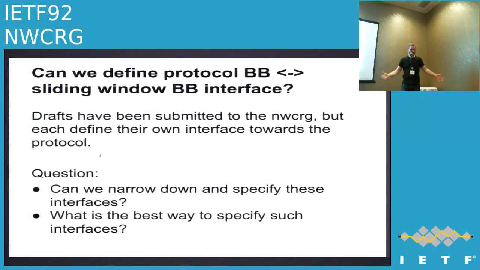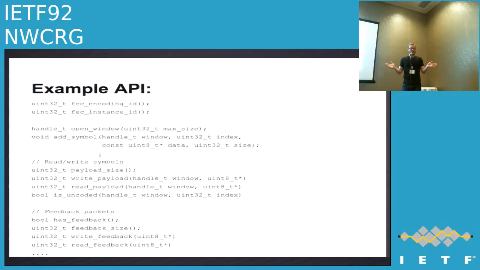And I think that goes also nicely along with the IPR: the narrower we can make the blocks, the more likely it is that you can find a set that fits your specific needs. I don't know if this is really the right way to do it here, but my proposal would be to somehow define a common header file that defines the interface towards a sliding window block, because I'm a developer.